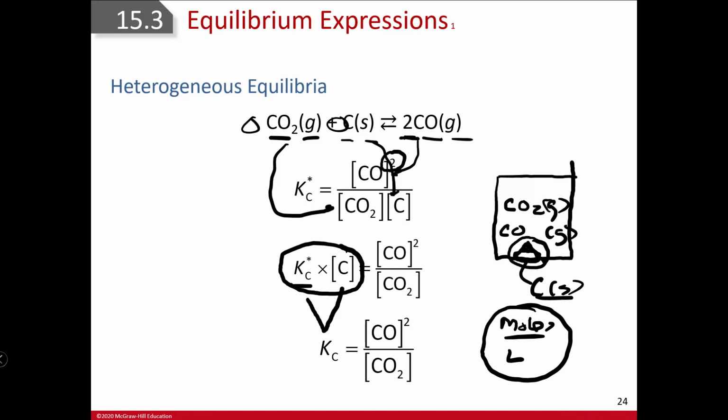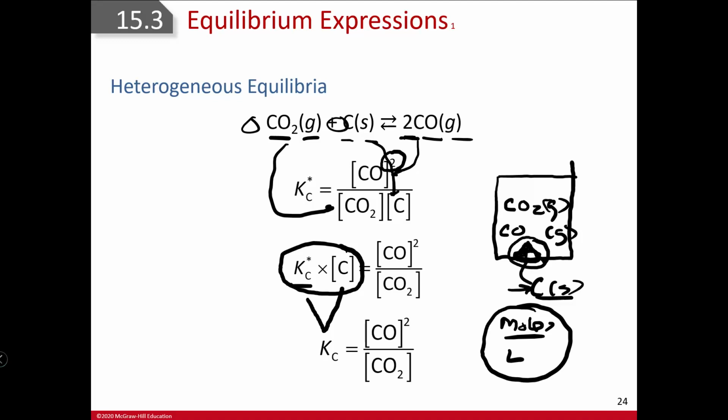If there was no carbon present, this reaction would not happen. As long as there's some carbon present, this reaction will continue to happen. But the concentration remains constant because it doesn't matter whether I have a large pile or maybe even more of this is consumed. I just have a little bit of carbon left. The concentration remains the same.